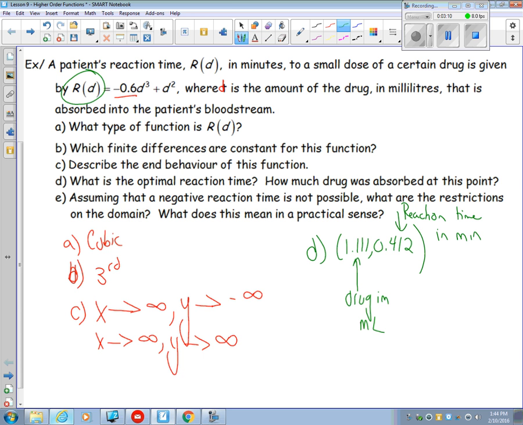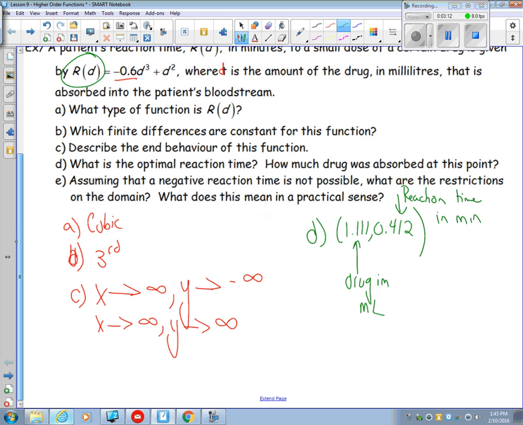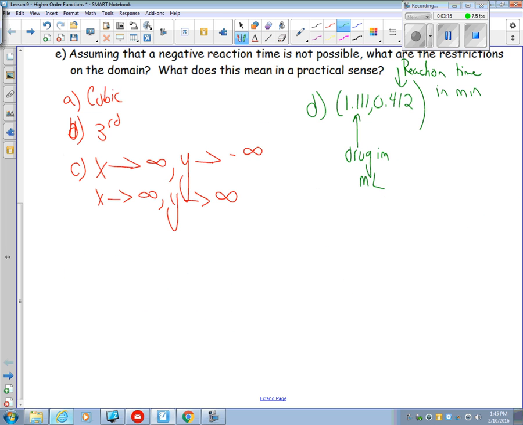Okay, so if I put that into a sentence, what's the optimal reaction time? 0.412 minutes. The optimal time is 0.412 minutes before this drug reacts with you, with a dose of 1.11 milliliters.